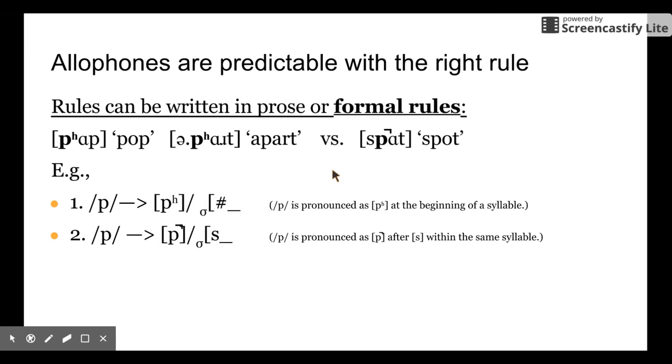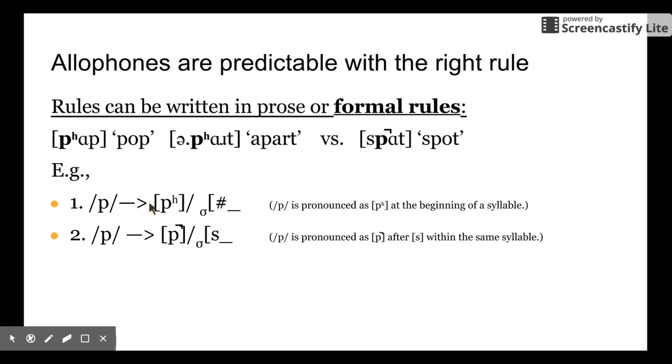And the other way is to use formal rules. Actually, this method is preferable. So we can say P becomes this guy. We use double slashes to indicate phoneme. Remember that?